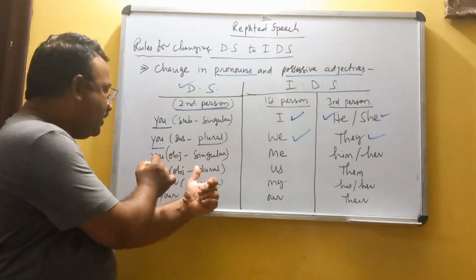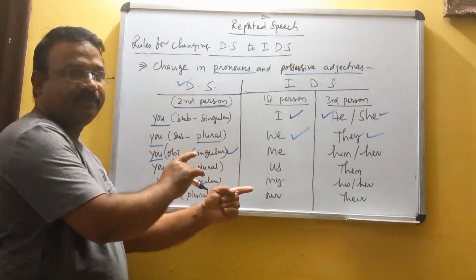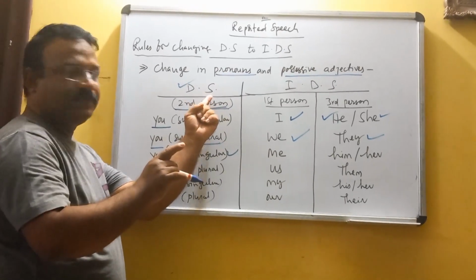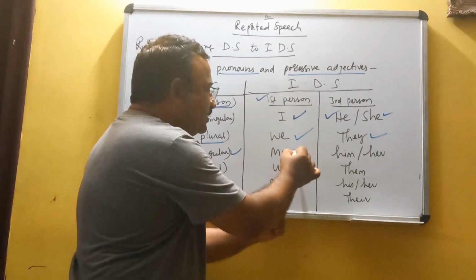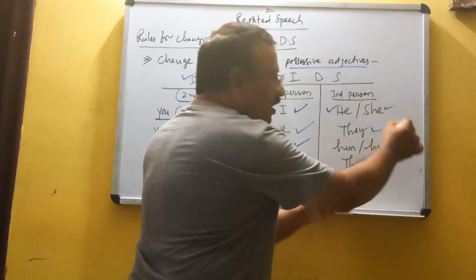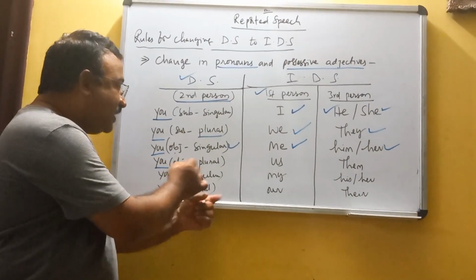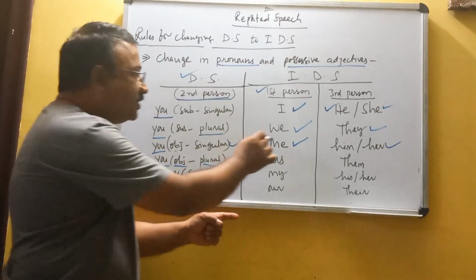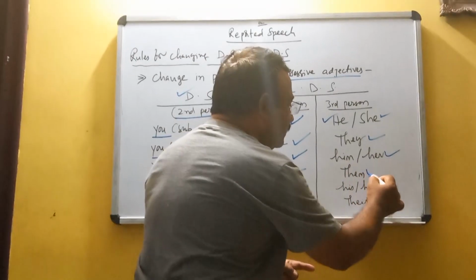You as an object, singular, in direct speech: in indirect speech, in the first person it will become me, in the third person him or her. You as an object, plural: the first person us, the third person them.